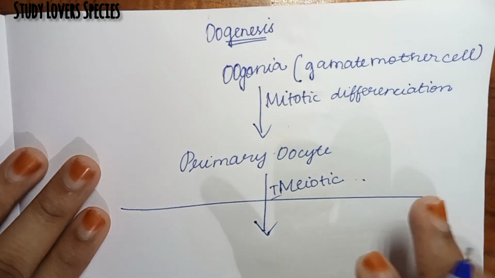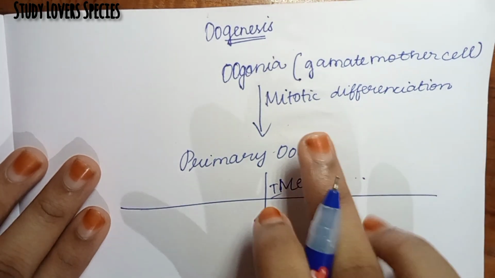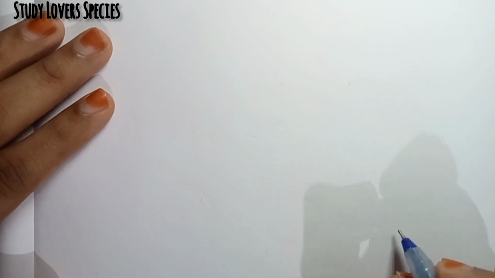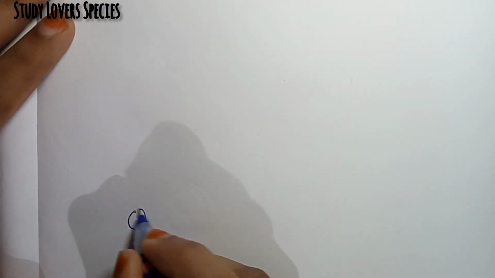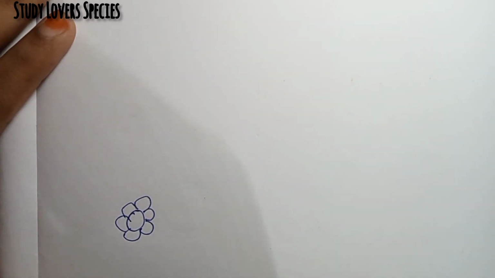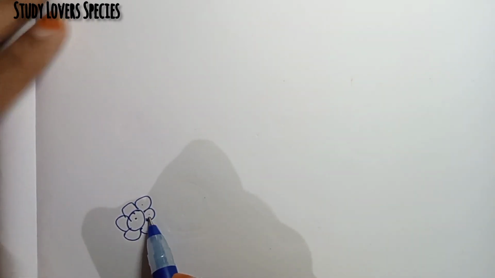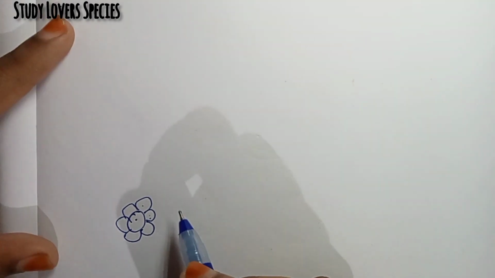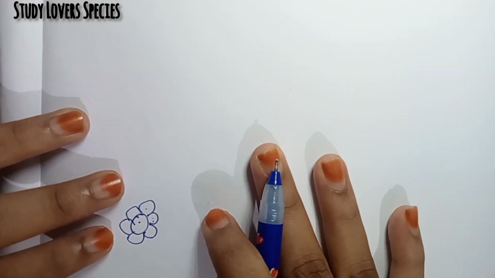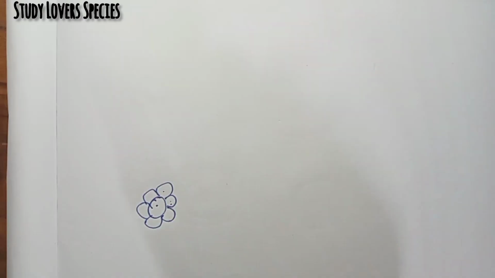Now let me pause the explanation here and come to the primary oocyte. Let me write it here. So actually the primary oocyte will look like this. This is the primary oocyte, and these cells are the granulosa cells. Clear?